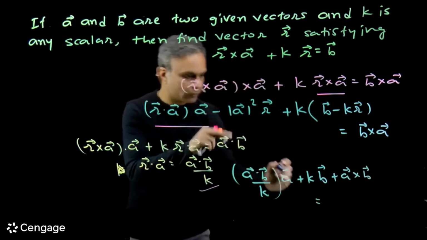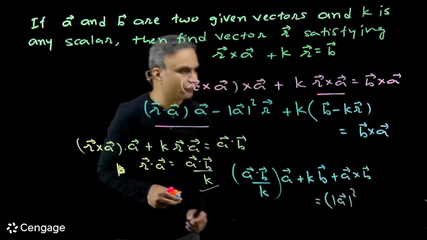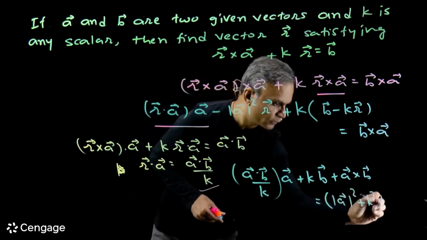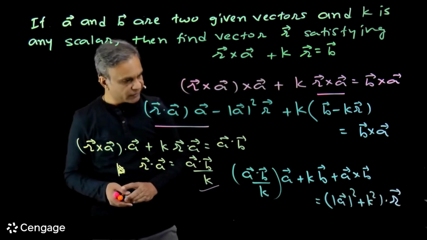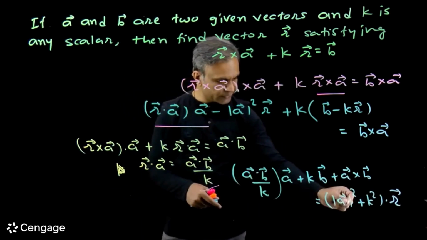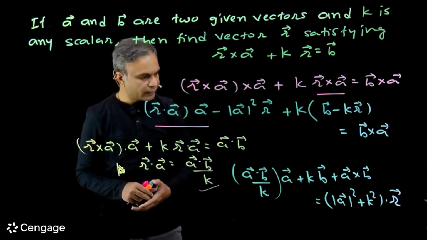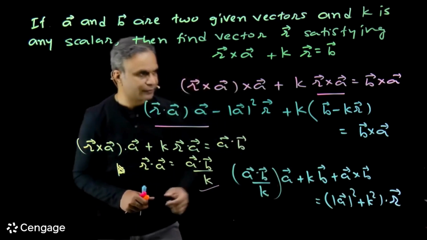We will have inside bracket square of modulus of a plus k square, so we have this into vector r. So we get vector r is equal to this over k square plus square of modulus of a. We got the vector r in the form of vectors a, b and scalar k.